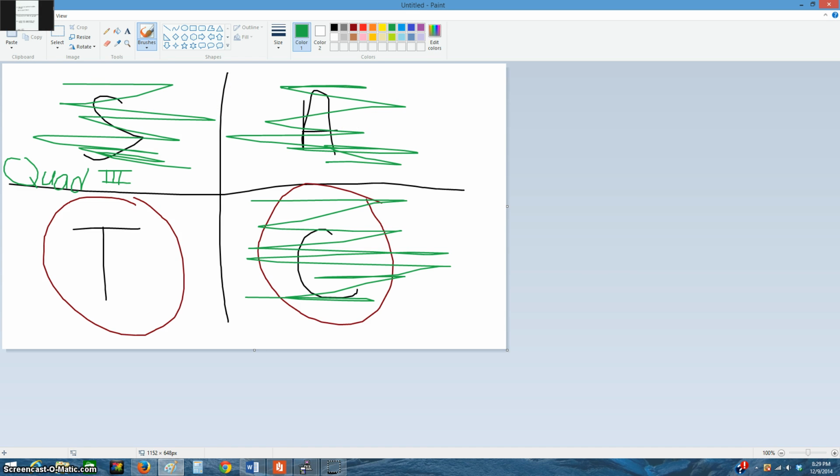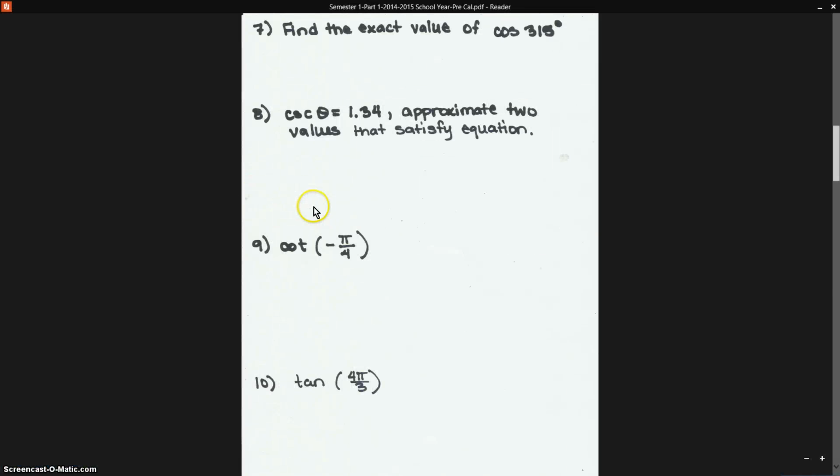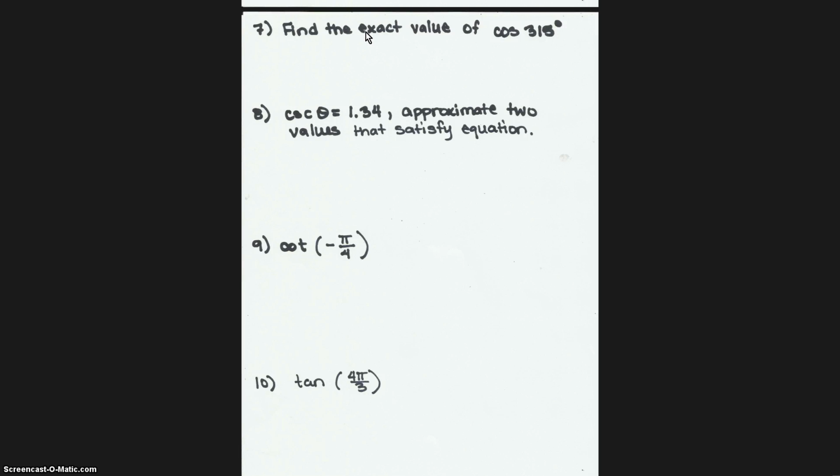Okay, let's move on to number 7. Let's see what that one is saying. It says, find the exact value of cosine of 315 degrees. Now keep in mind the key word here is exact. Whenever you see the word exact, that usually means it wants the exact number.